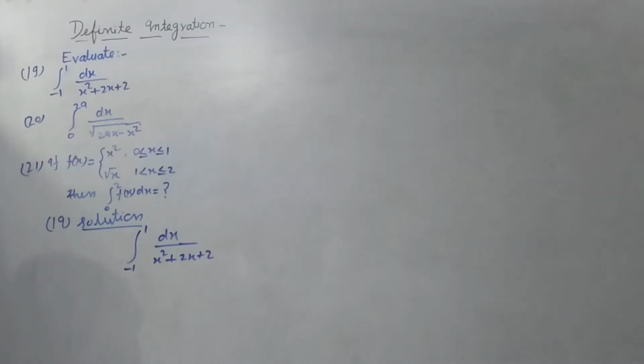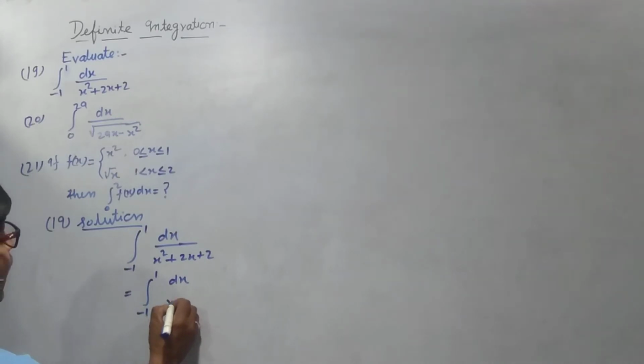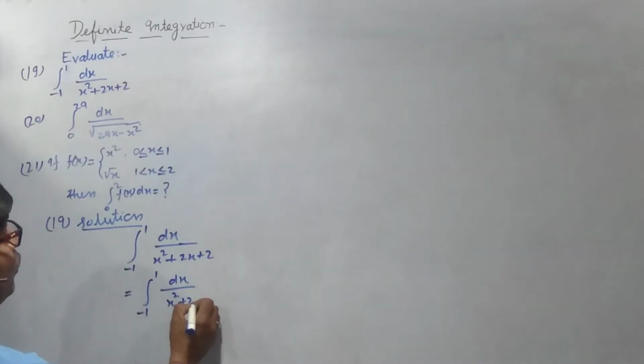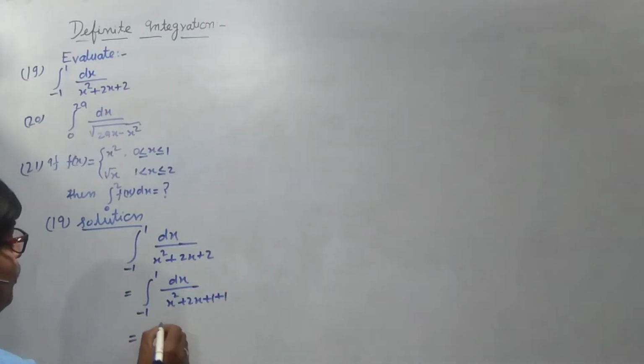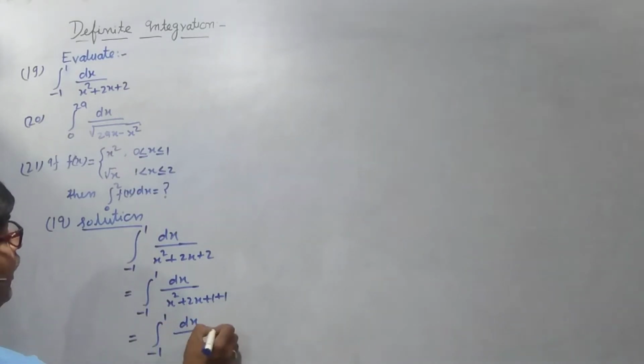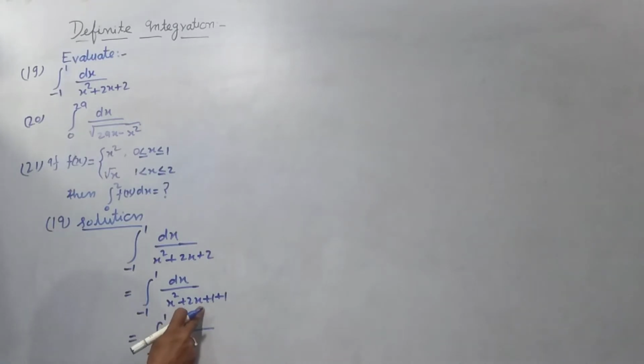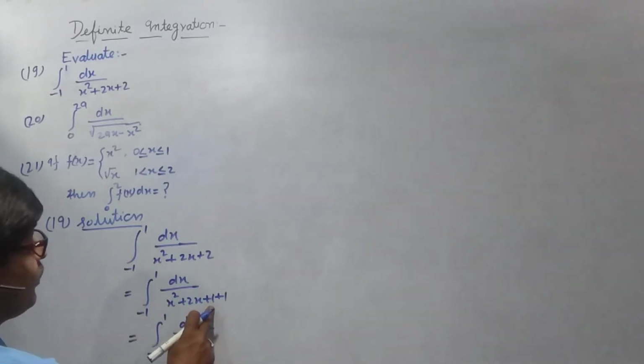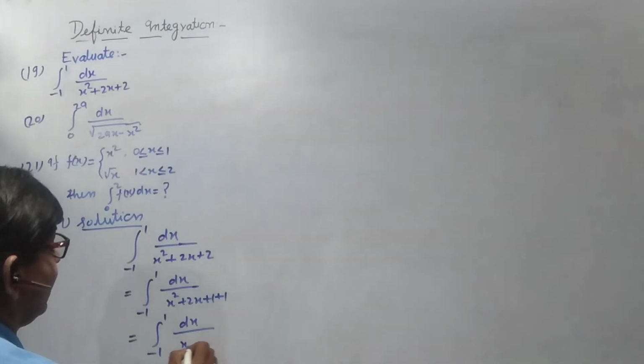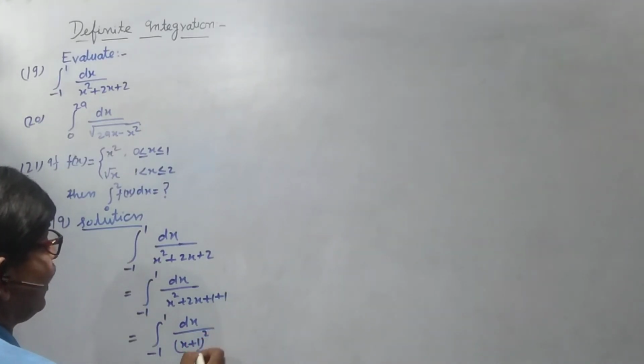Here we can write the denominator as x square plus 2x plus 1 plus 1. So the integral from minus 1 to 1 of dx divided by a square plus 2ab plus b square, this is (x plus 1) whole square plus 1 square.